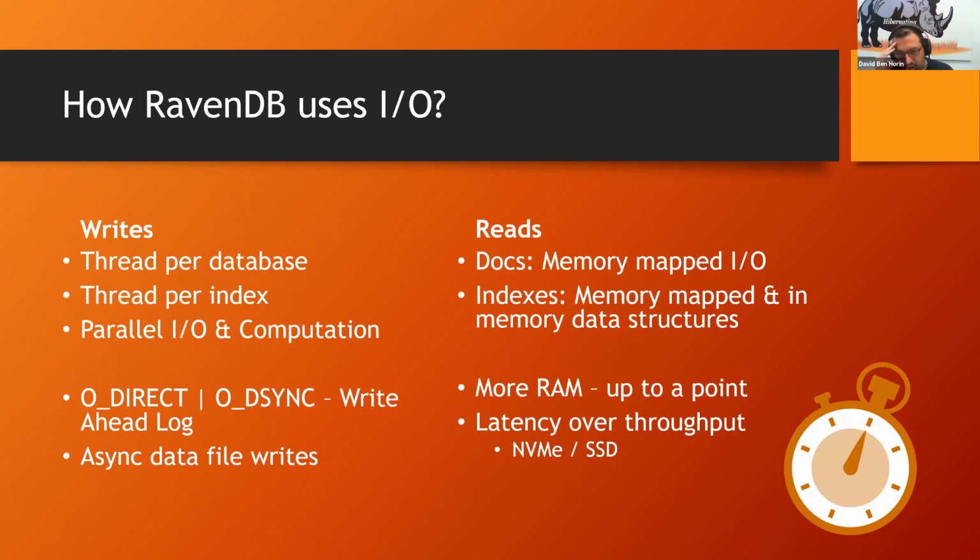For indexes, the situation is somewhat more complex. We also memory map the data in the indexes, but there we use Lucene, and Lucene needs to do some additional operations as in-memory data structures.